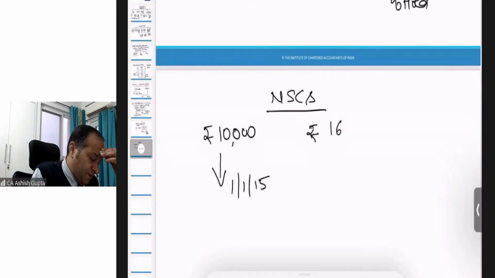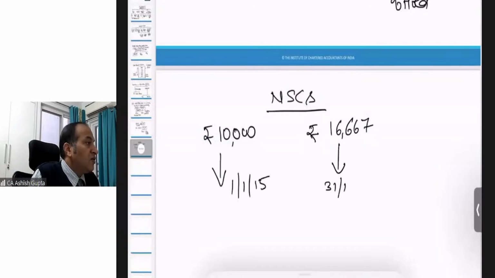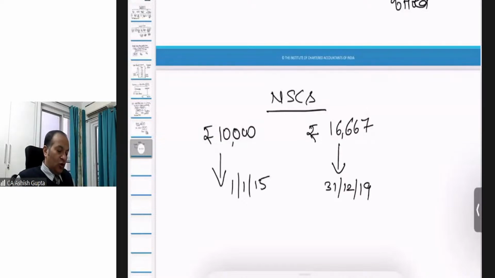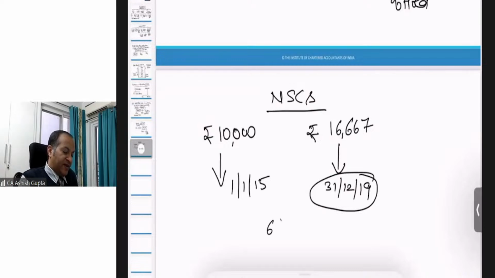So after 5 years, the post office returns me this much amount. So 6,617 is my interest portion. I am just saying this as my estimation, but the amount may be less. I think somewhere it may be 15,000. I'm not exactly sure. So 5,667 is my interest for the 5 years.